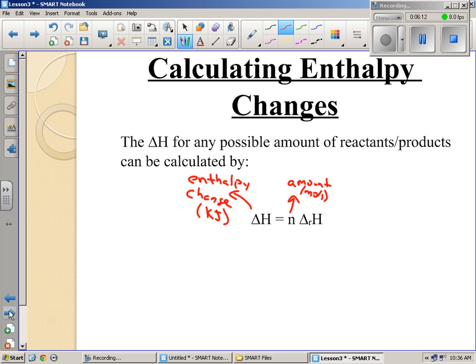This is the molar enthalpy, and that, of course, is measured in kilojoules per mole. We've seen that before as well, right?